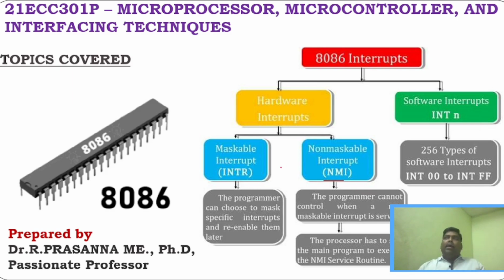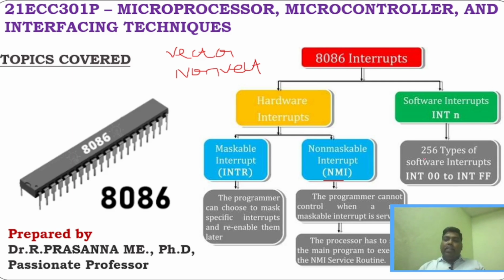When it comes to maskable and non-maskable, you have to understand what is maskable, what is non-maskable, what is a vectored interrupt and what is a non-vectored interrupt. What is a vectored interrupt? Any interrupt which has a specified, predefined address is called a vector address.